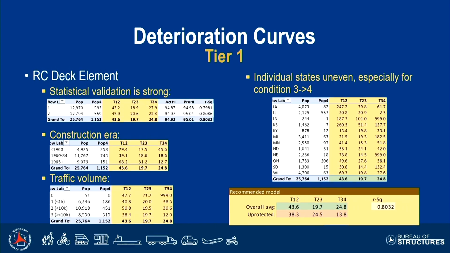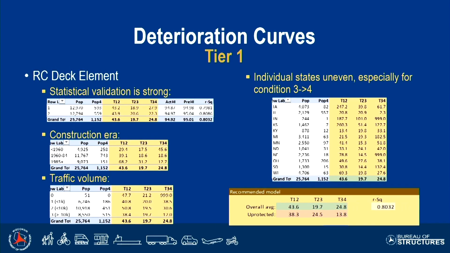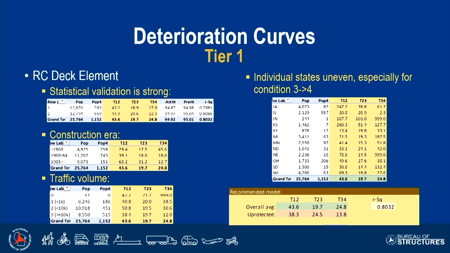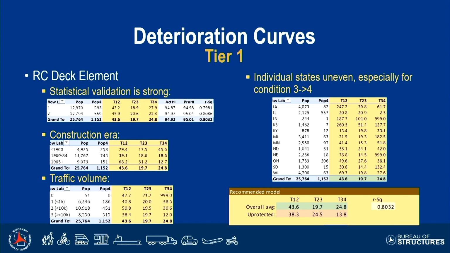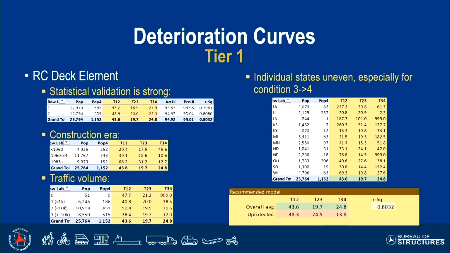So now getting into a bunch of the tables. So reinforced concrete deck element, this slide is all about reinforced concrete deck elements. So the emphasis here, if you're not familiar with Markov modeling, it's highly dependent on median transition times.